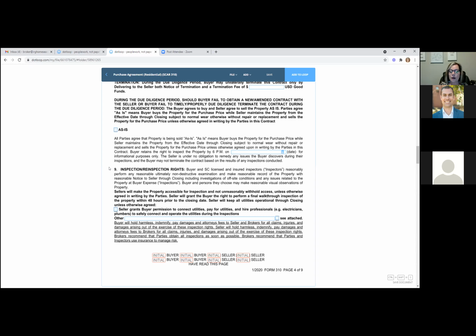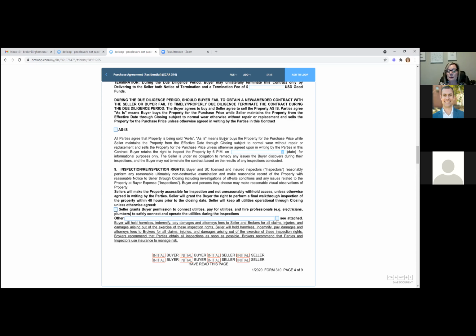Okay. Now we're going to go to the as is, which is the part of the contract that I absolutely hate, and I never want you to use this unless, and I'll tell you what the unless is in a second. All parties agree that property is being sold as is.